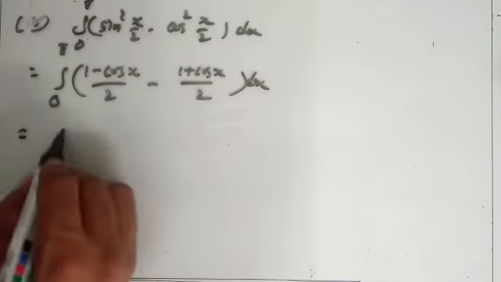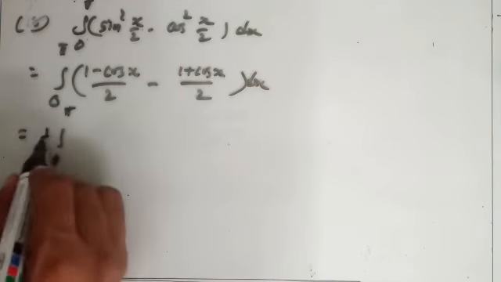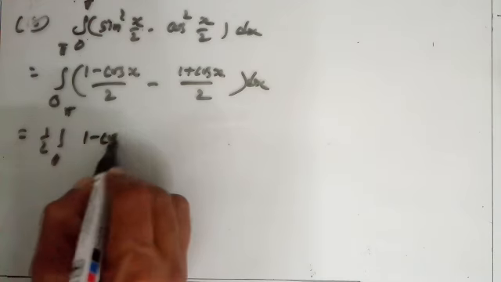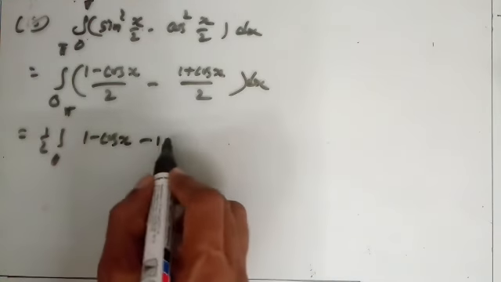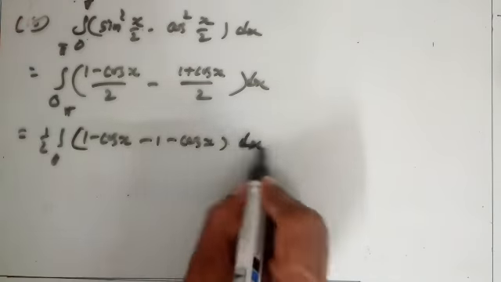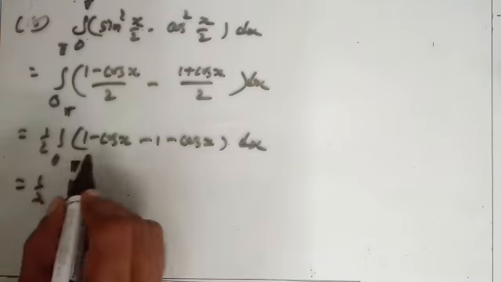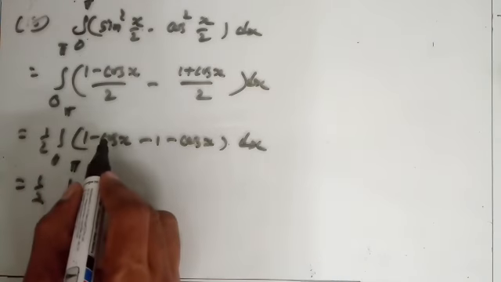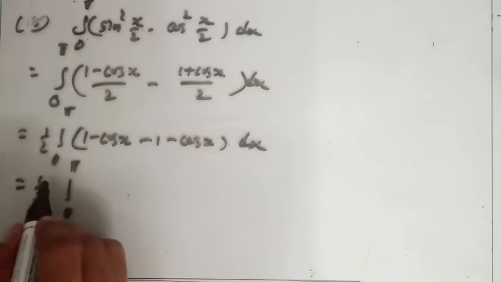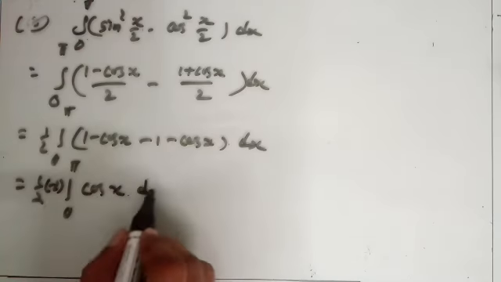So is equal to, now simplify this, 0 to π, 1/2 take outside, here we get (1 − cos x) − (1 + cos x) dx. So is equal to 1/2, 0 to π, 1 minus 1 cancel, minus cos x becomes minus 2 cos x, so minus 2 take common, here we get cos x dx.